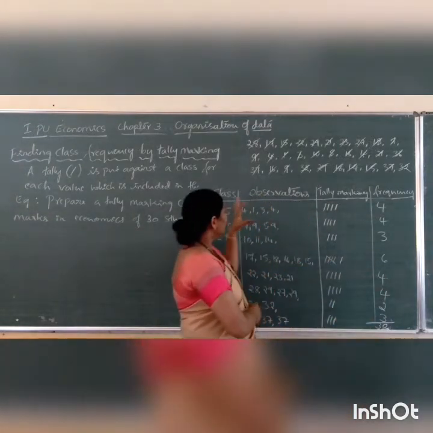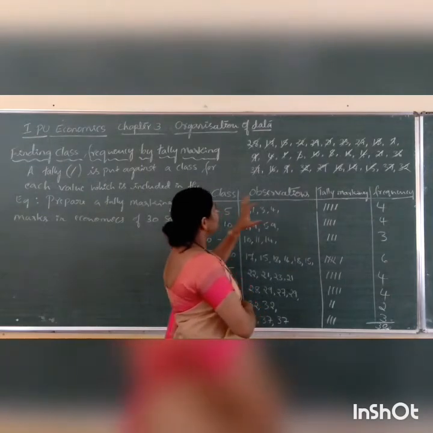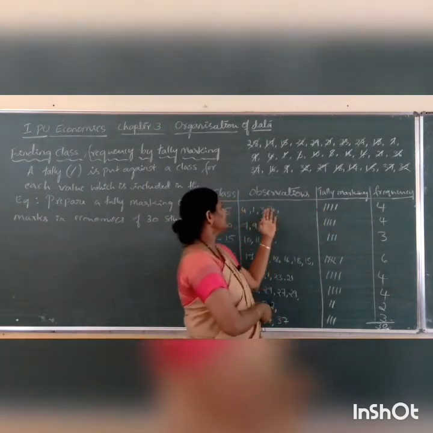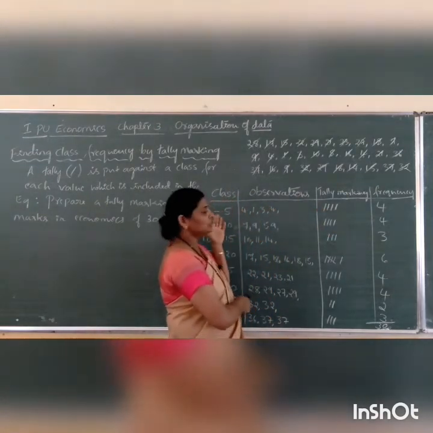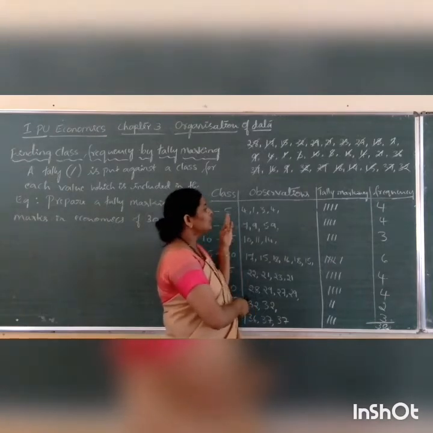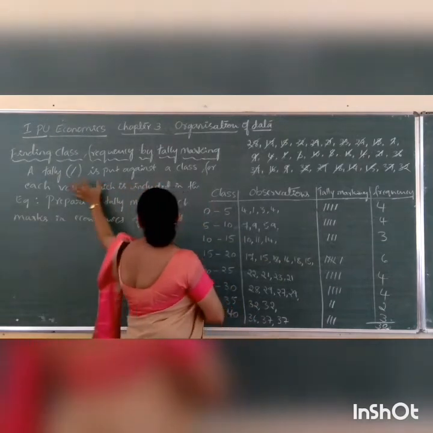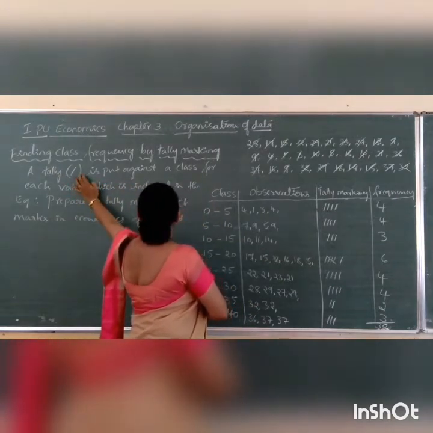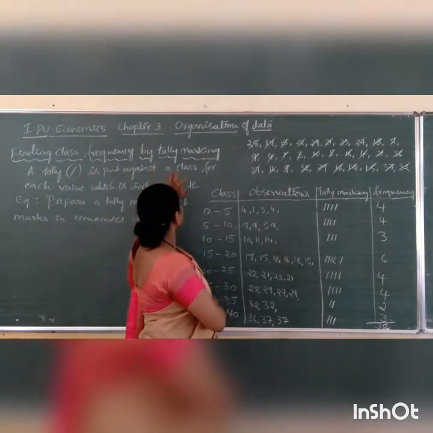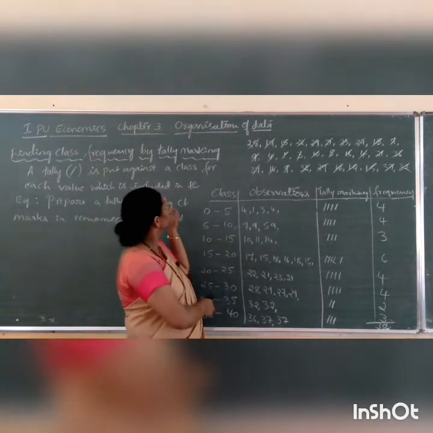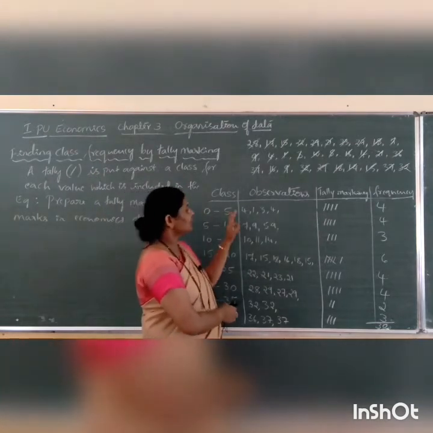So in this way we put tally marking against observations to each class. So what is tally mark? A tally mark like this is put against a class for each value which is included in the class.